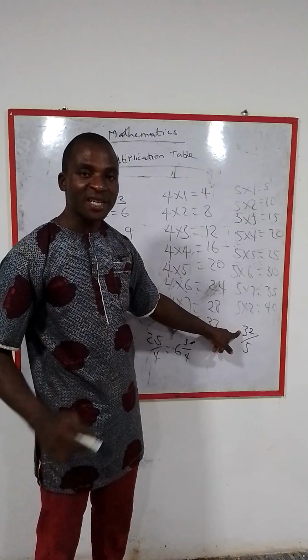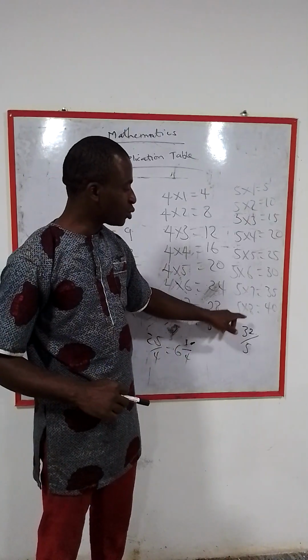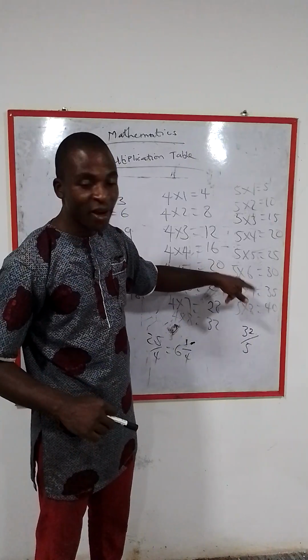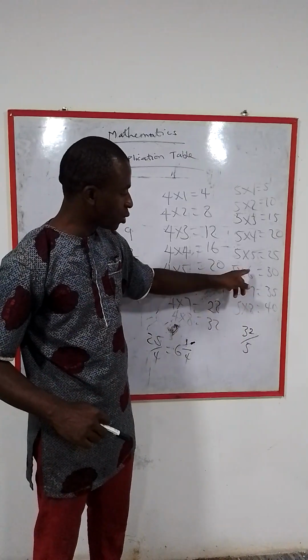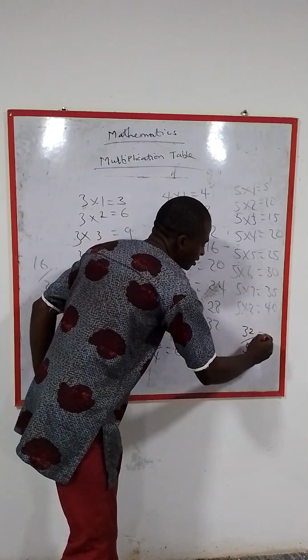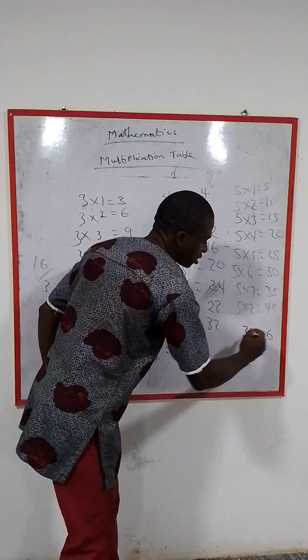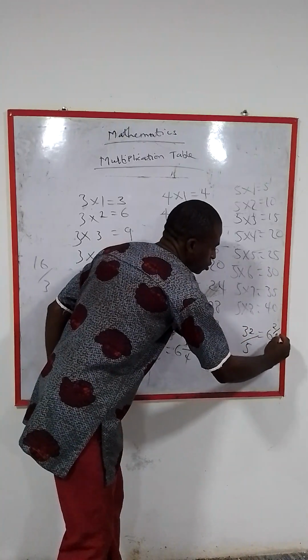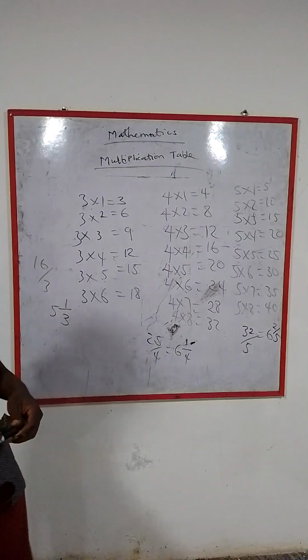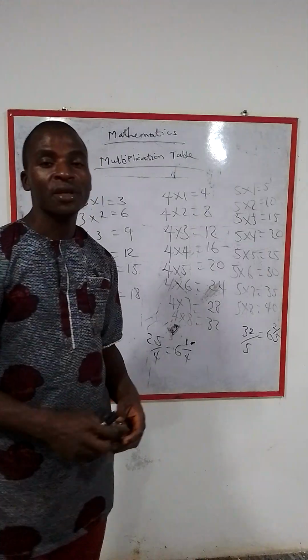For the fact that it will exceed 32, we are going to use the multiple that comes before 32, which is 6. So 5 can go into 32 6 times with a remainder of what? 2. This is exactly what we have: 6 whole number 2 over 5.